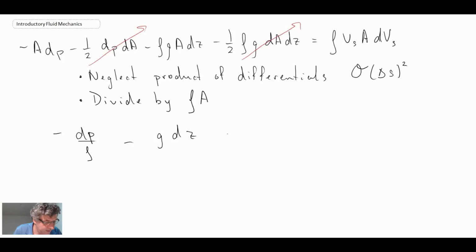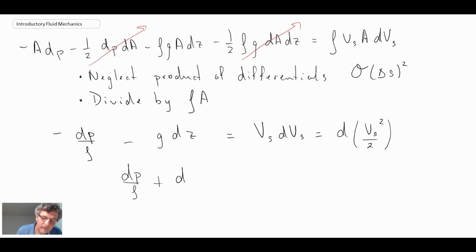And then on the right-hand side, we have Vs dVs, and that can be rewritten as the differential of Vs squared over 2. So that is an equation that we get.